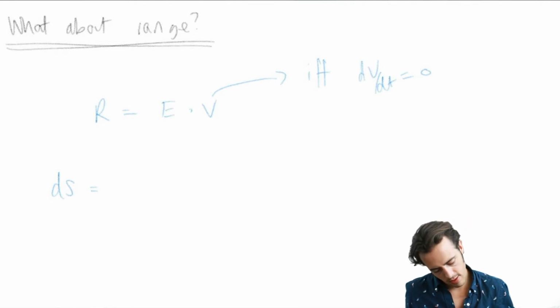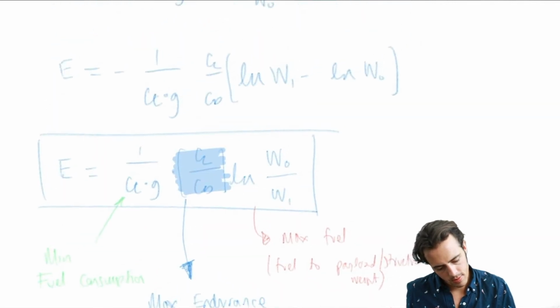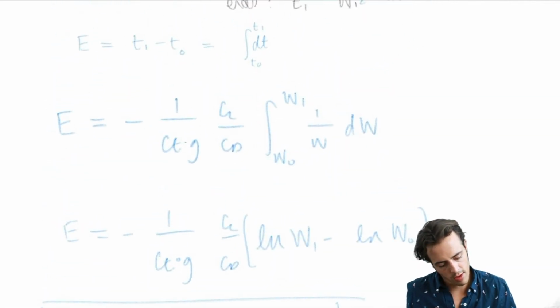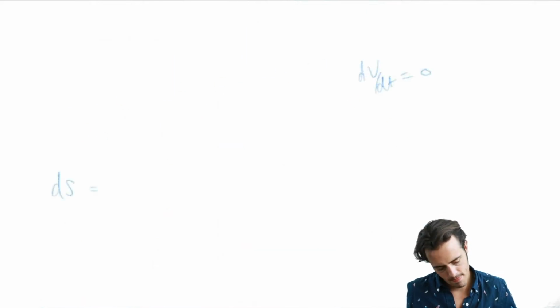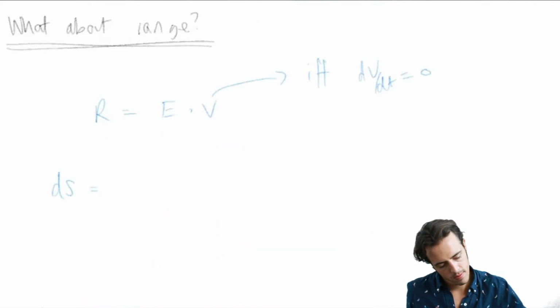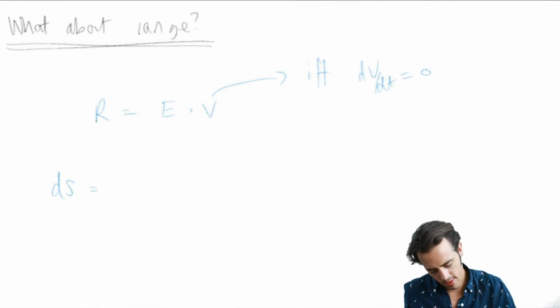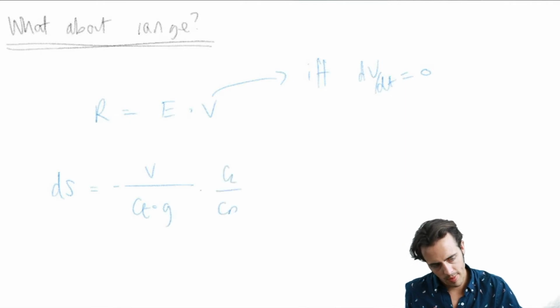Let me go back. So we're going to use this expression here and multiply this by V. So ds for us is equal to minus V divided by Ct G multiplied by Cl divided by CD multiplied by 1 over W dW.